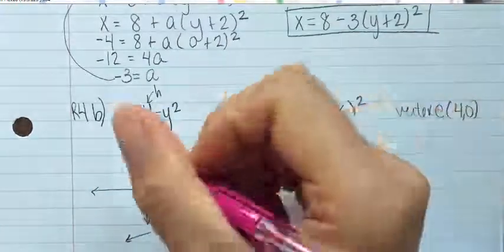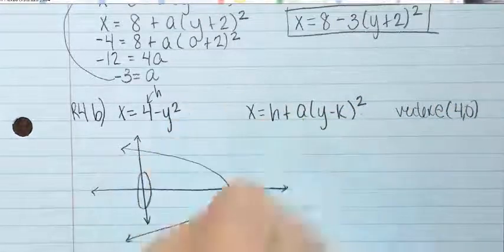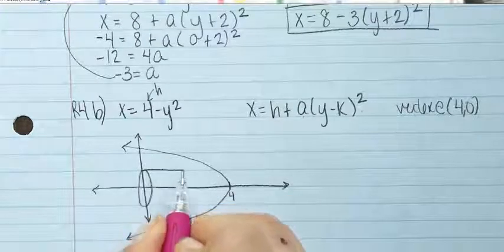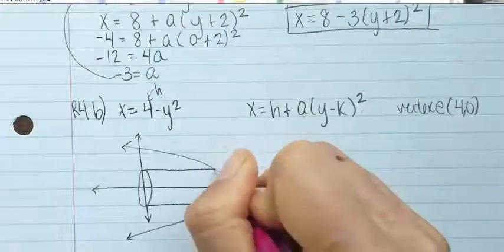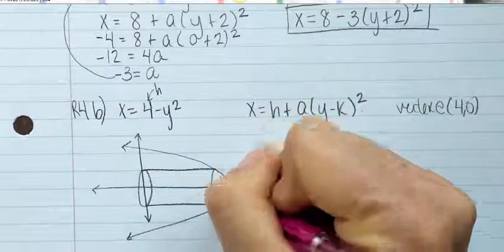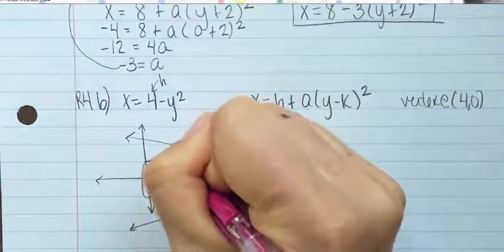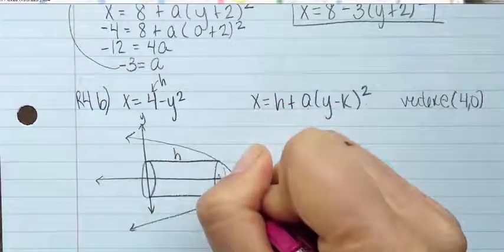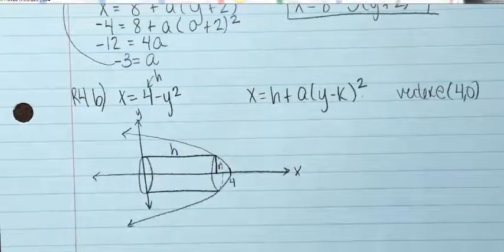Within that, I've got an inscribed cylinder, the base being centered at the origin, where my height is parallel to the x-axis, and my radius is parallel to the y-axis.